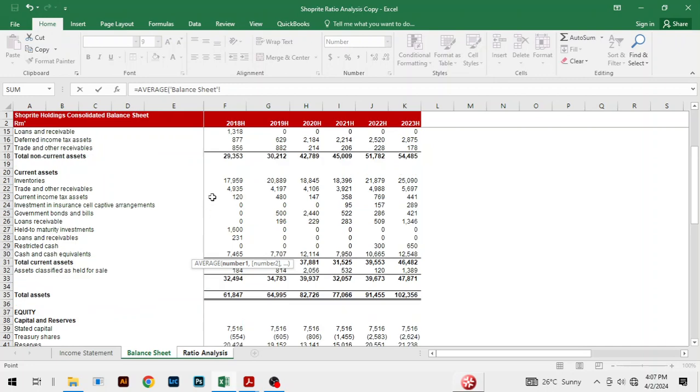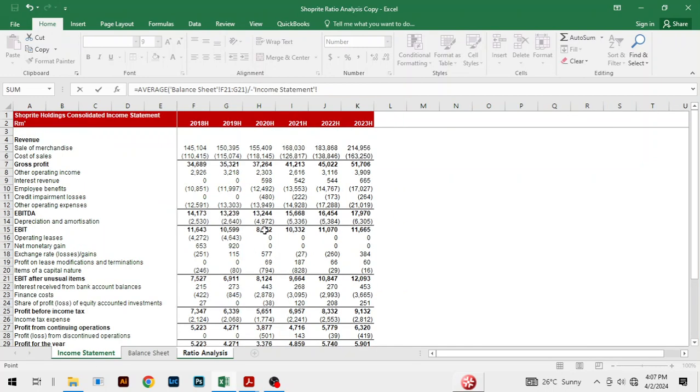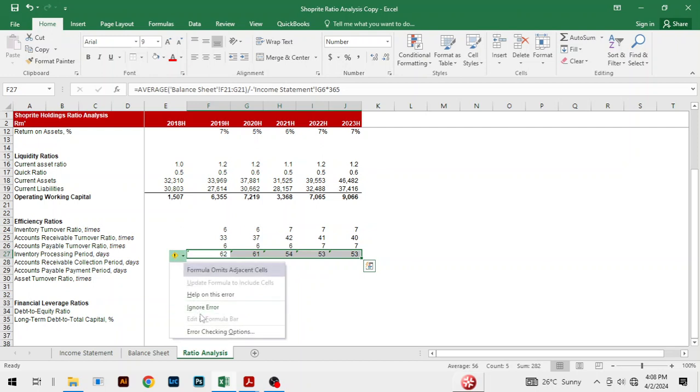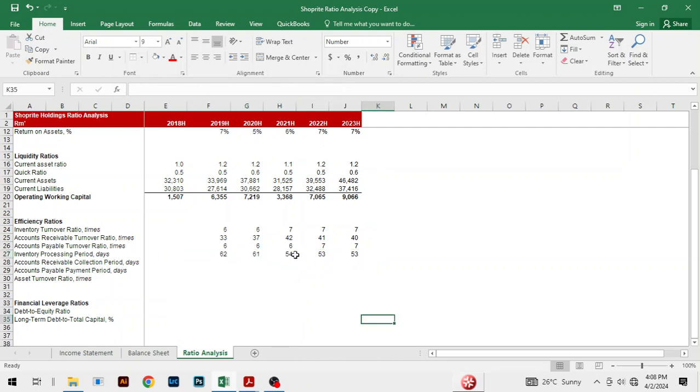When we go to the balance sheet, we take the average of the inventory here. So we say divided by the 2019 cost of sales. Then we multiply by 365 days. Okay, so it still gives us the same answer. So you can see here we still get the same answer.